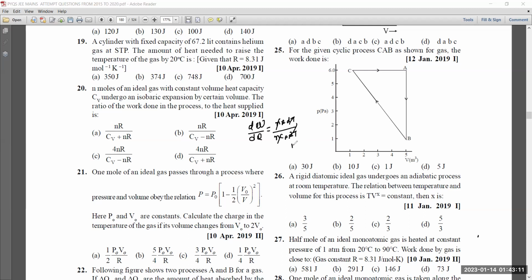So it is R by Cp, but they haven't written the answer in terms of Cp. So Cp we can write as R plus Cv. Isn't it? So what is the answer? R upon R plus Cv, right?